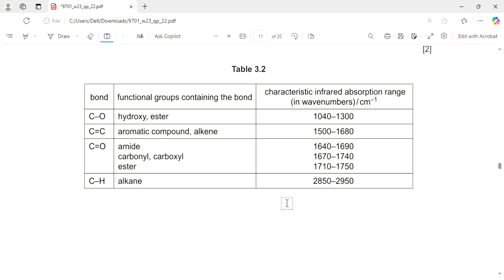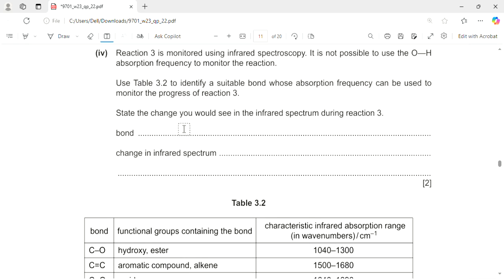So in reaction 3 the bond is C double bond O. Yes, this group is present in reaction 3. This bond is present. What is the change in the infrared spectrum?